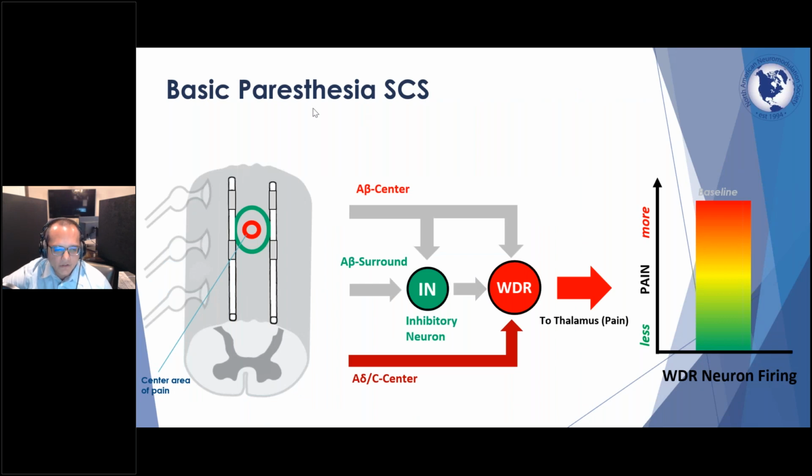So this is standard paresthesia spinal cord stimulation theory. You have an area of pain, this epicenter of pain. This is the area of the spinal cord that is causing the pain. Surrounding this pain is an area of cells that cause surround inhibition.